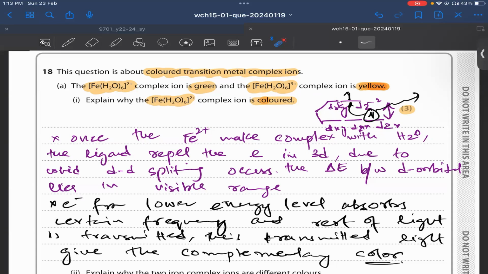It's the same thing. It absorbs a certain radiation, or a certain amount of photons, and jumps into the higher energy level. The rest of the energy will be transmitted, and that transmitted light will be the reason for the color. Is it clear? Yes, sir. Okay.